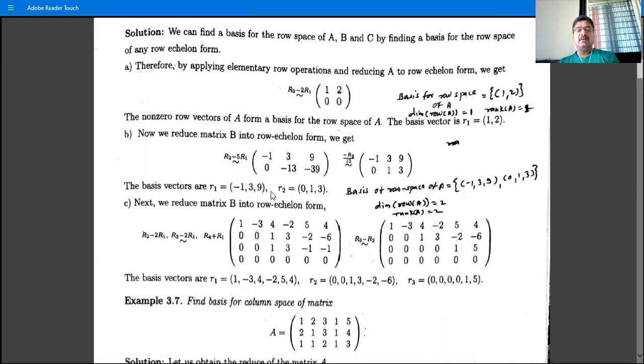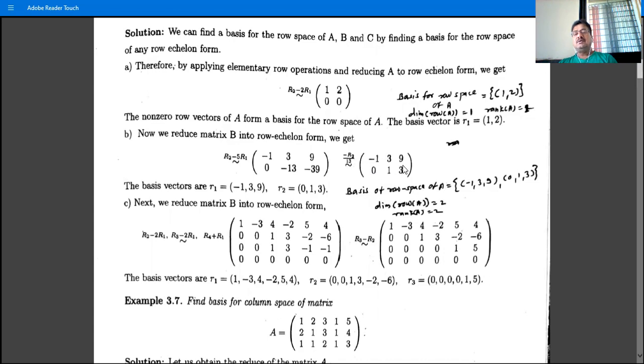Okay, and this is an echelon form. This echelon form depends on your calculation. It is not unique. That is, the echelon form can take different forms. But the number of non-zero rows, this echelon form contains two non-zero rows.